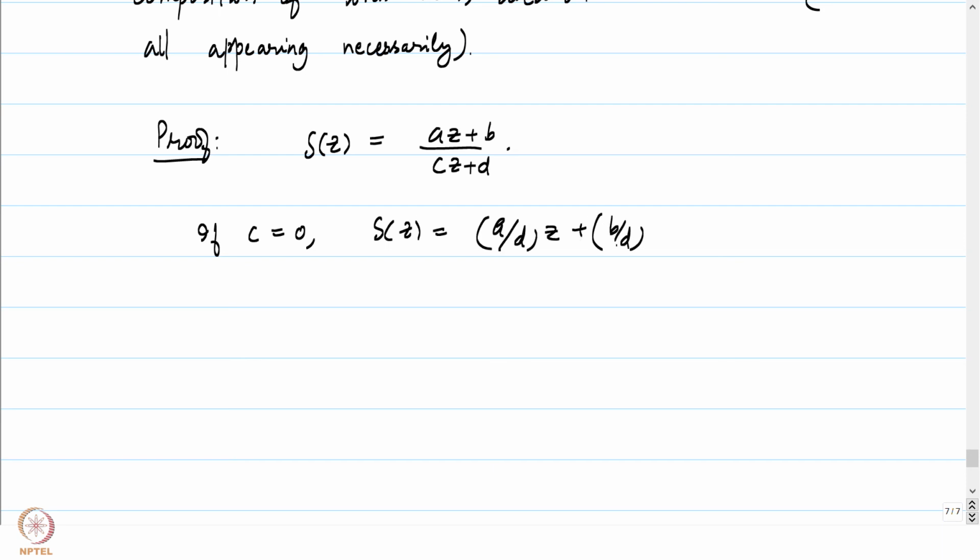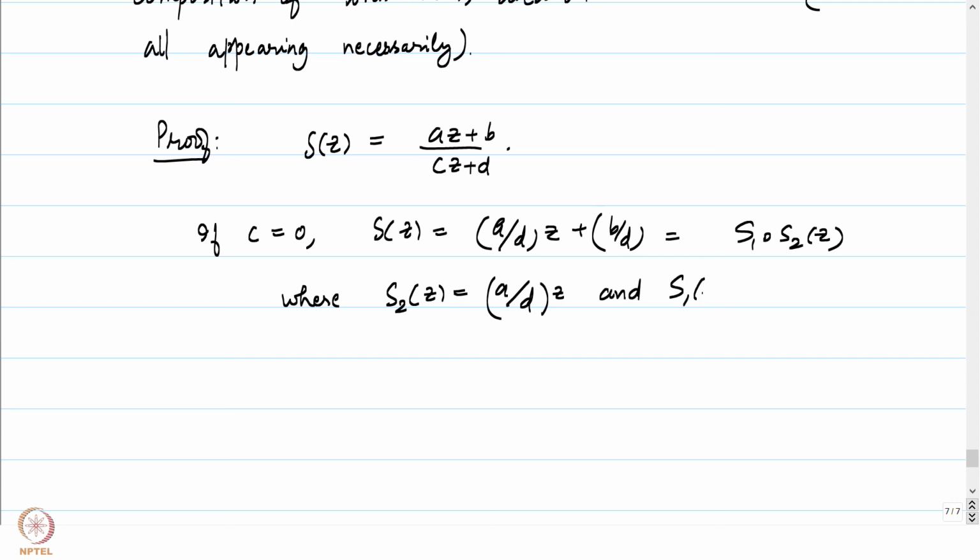This is going to be A by d times z plus b by d, and this is going to be equal to S1 composed with S2 of z, where S2 of z is first the dilation by A by d, and S1 of z is a translation, that's translation by b by d. So if you notice, we have a dilation and a translation whose composition will give us our given Mobius transformation when C is equal to 0.